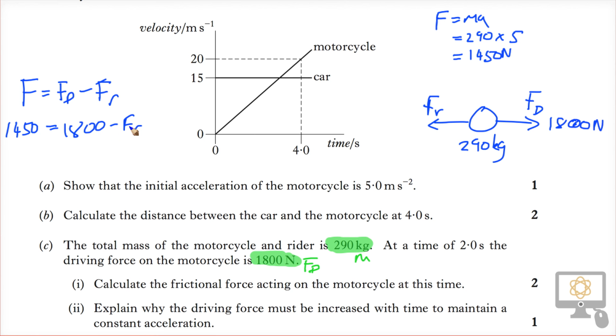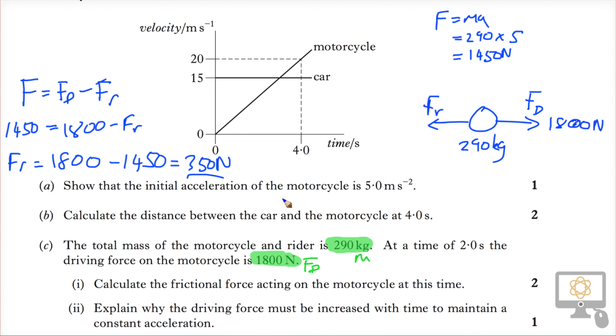So if we subtract 1450 from 1800, we'll get the frictional force. So the frictional force is 1800 minus 1450. And that's equal to 350 newtons. So that's our frictional force, which finishes question C part 1.